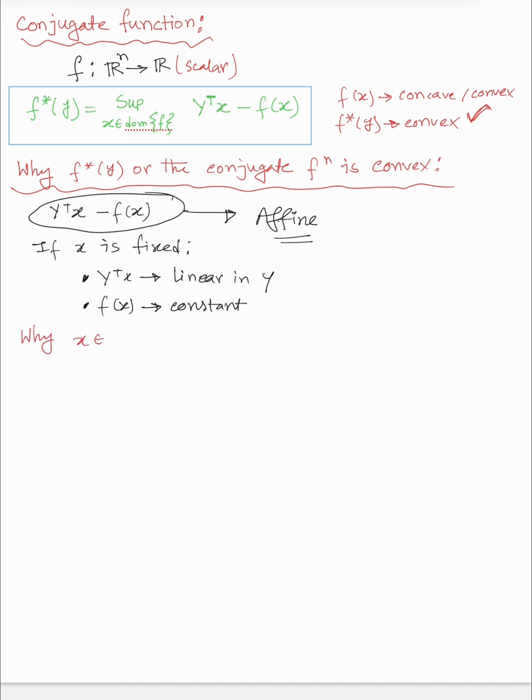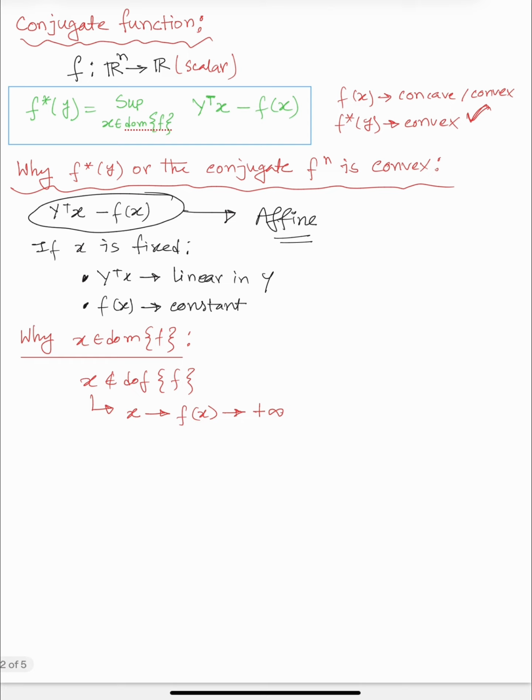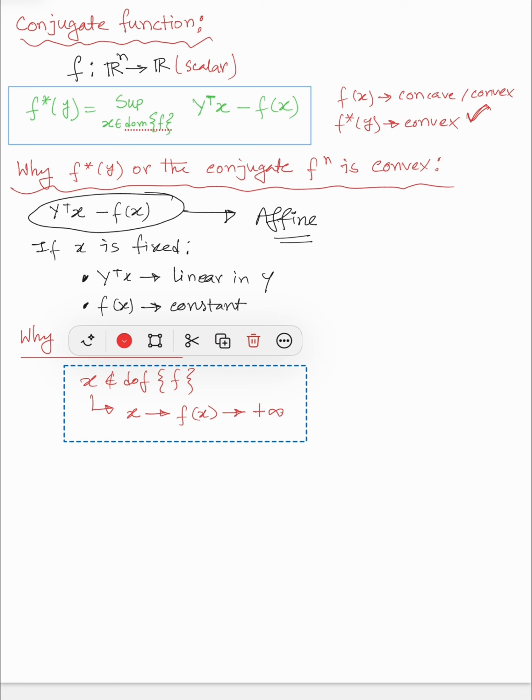Now, the next question is why we are using this x element of the domain of f. Why does x have to be in the domain of f? Well, let's assume x is not an element of the domain of f. That means we can pick a value of x for which f of x can go to plus infinity.